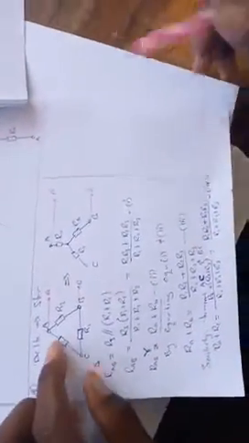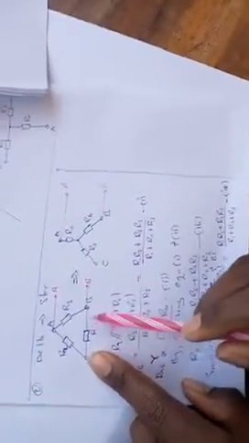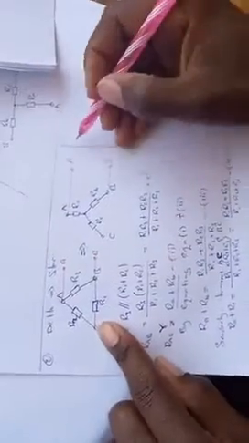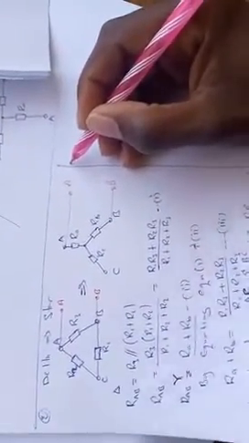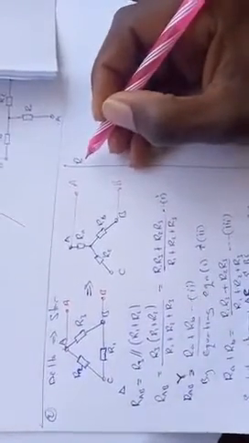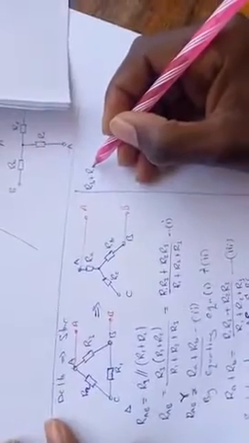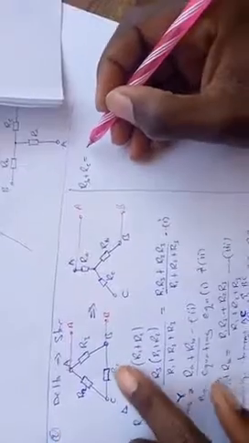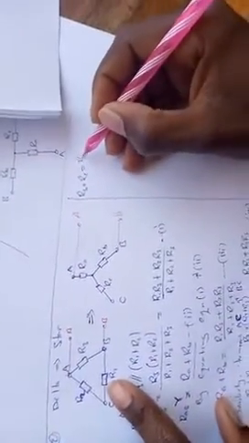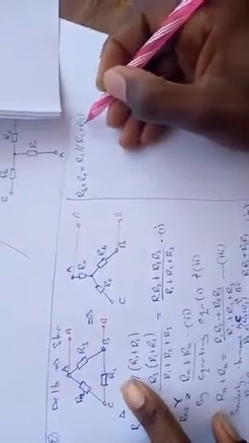Then BC, considering terminals B and C. R1 will be in series with these two. So I'm considering BC, so I have inside AB plus RC, which will be equal to that in parallel with R2 plus R3.